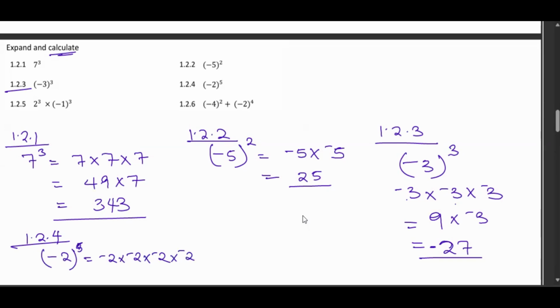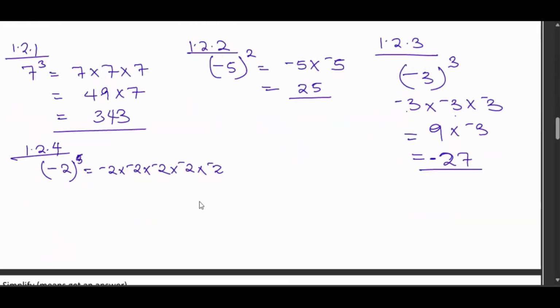So I'm here looking at this, I see it as -2 times -2, which is +4, times another +4 times a -2. So here we get positive 16 times negative 2. The answer becomes negative 32.